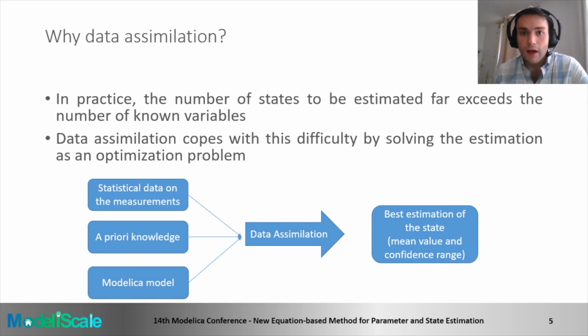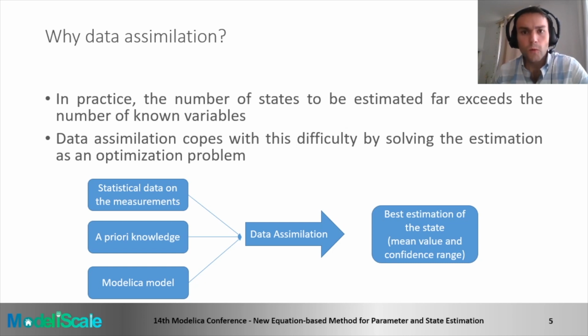So that's why we are interested in data assimilation, which was developed in other fields of physics, like weather forecast mainly, in which the idea is to use as much information as we have in order to give the best estimate of the real system.